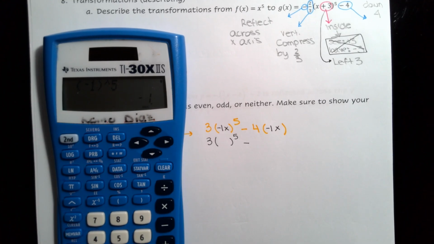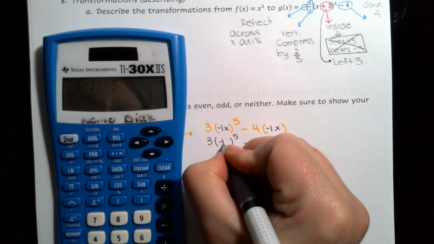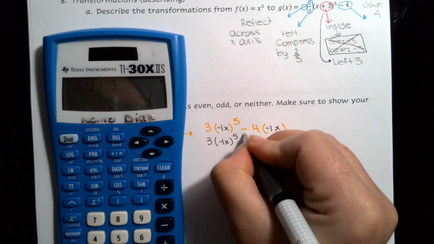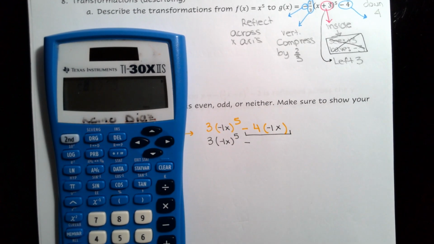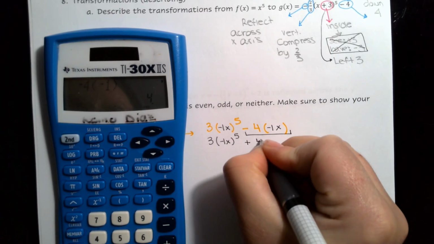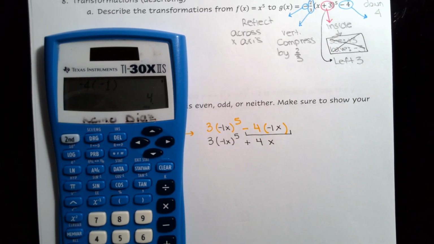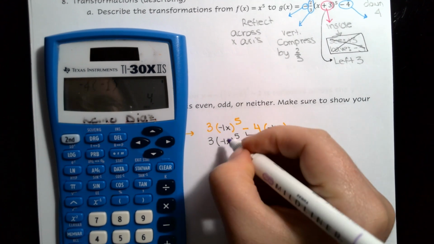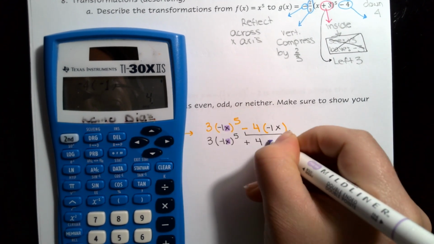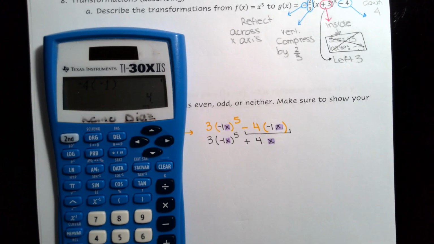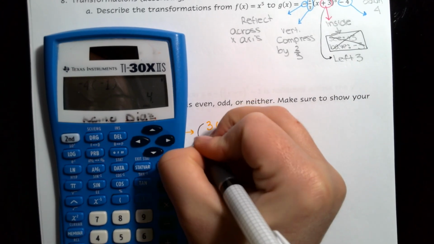This is going to tell me if it's going to change to a negative or not. Here, I am still keeping a negative. Now this, I need to type in as -4, open -1, and that actually changes to a +4. The x's stay, don't change your x's. But this has been simplified.